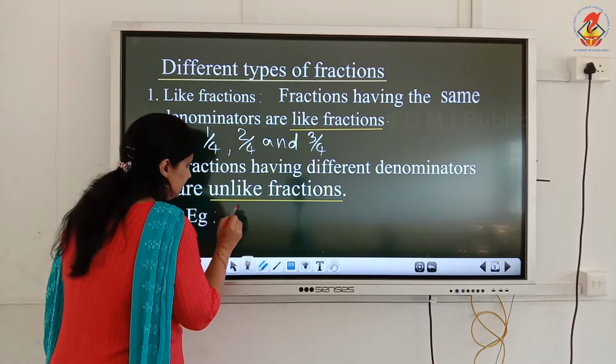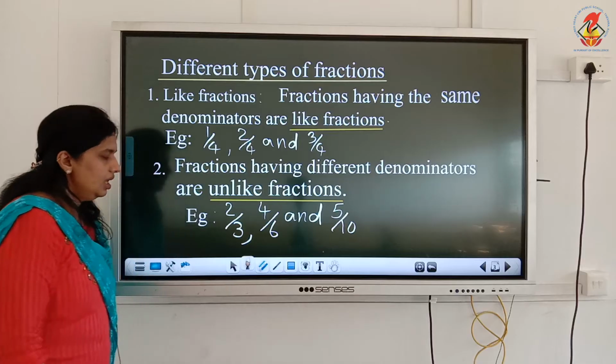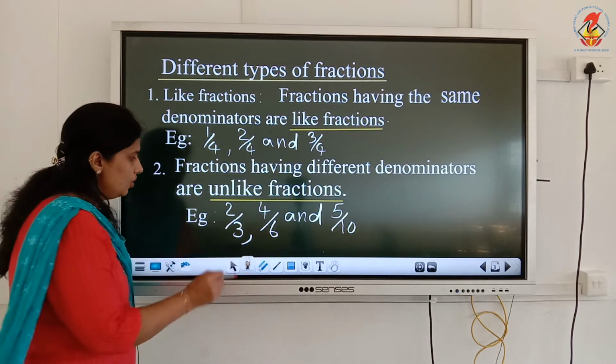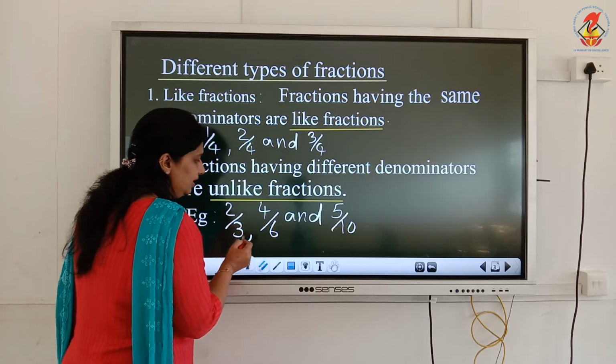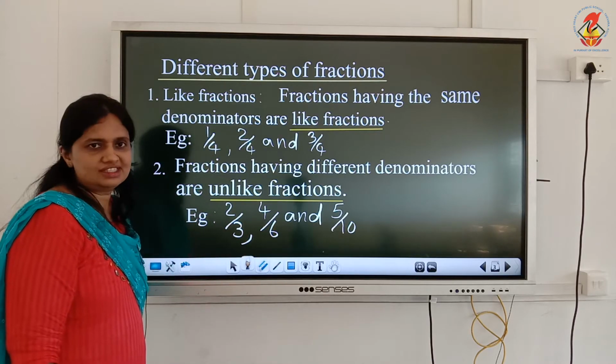I will give the examples. 2 by 3, and the next one is 4 by 6, and the next one is 5 by 10. All these are fractions, but see this, all the denominators are different only, right? They are called unlike fractions.